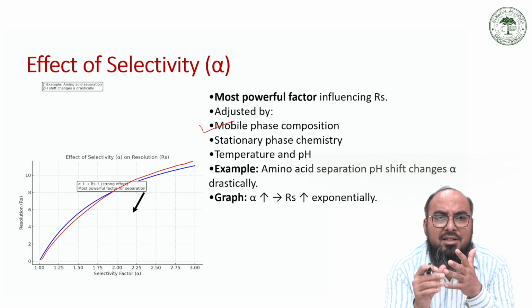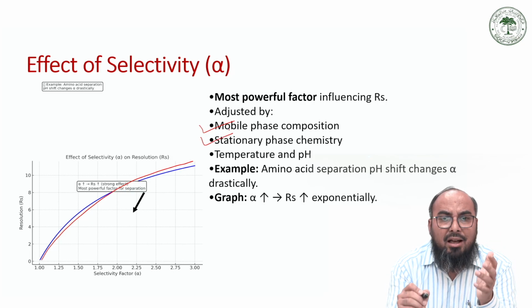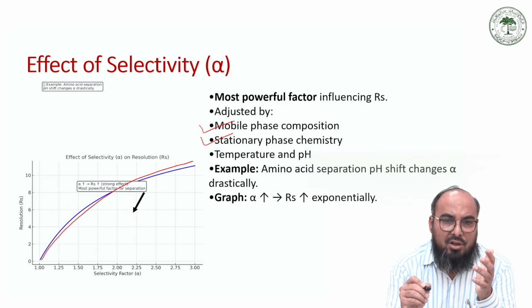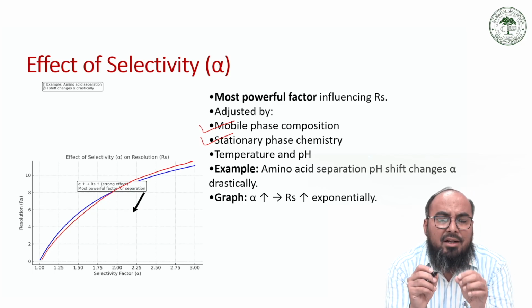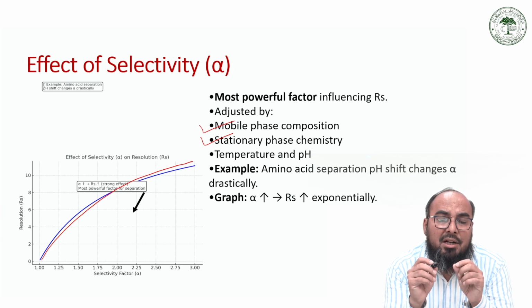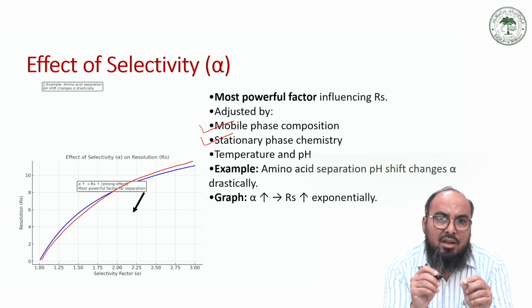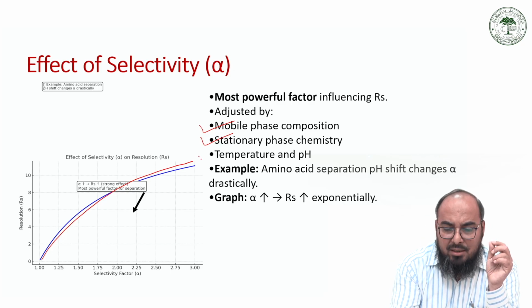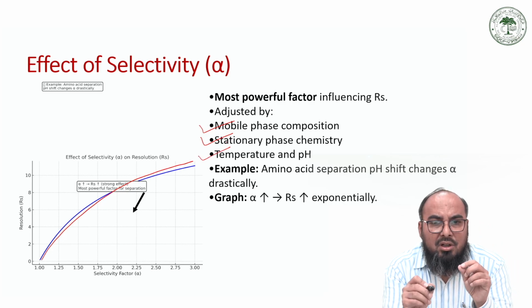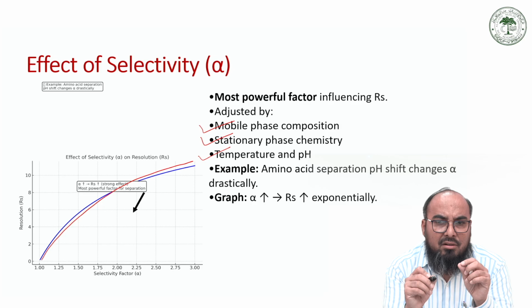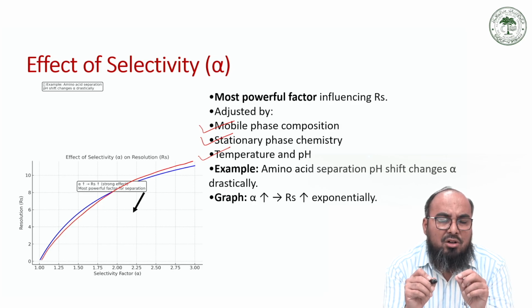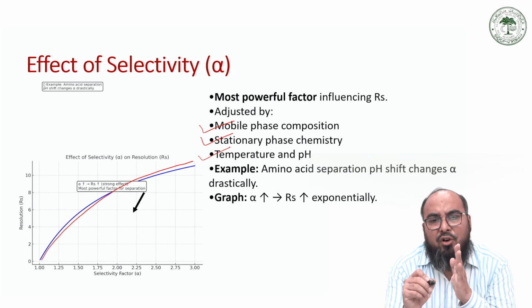You should know the stationary phase chemistry, so that you can predict, or have an idea about, the possible interaction of your solute molecules with your stationary phase. Similarly, the third one is temperature and pressure. Again, you should know the optimum temperature where you can get the best column performance.